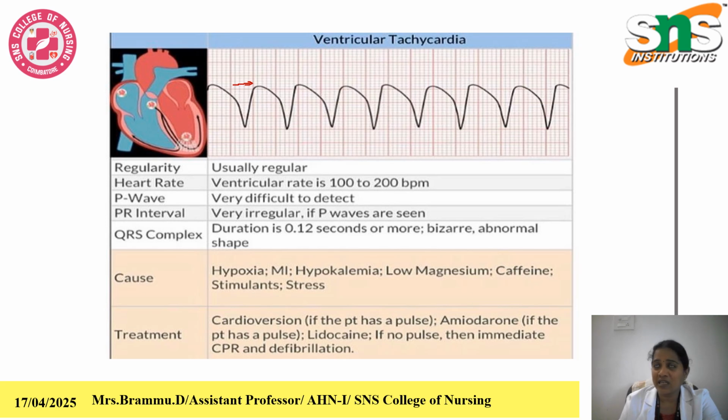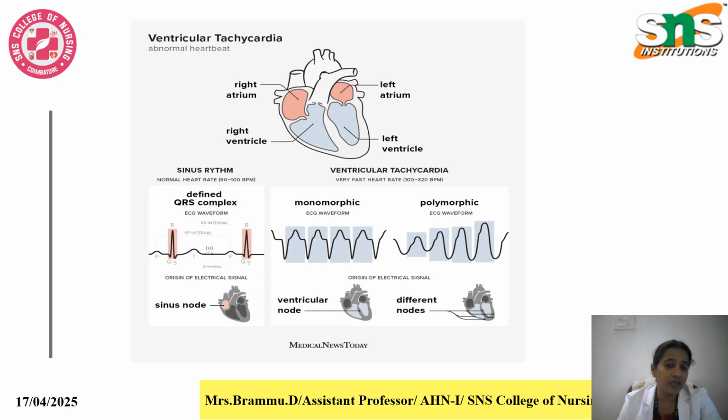Myocardial infarction, hypokalemia or low magnesium level, caffeine toxicity, or any stimulants or stress can also cause it. The treatment of choice here is to go in immediately for defibrillation, as in ventricular fibrillation.